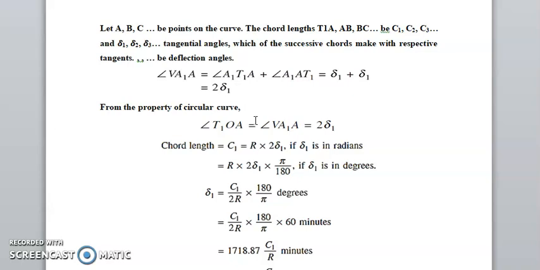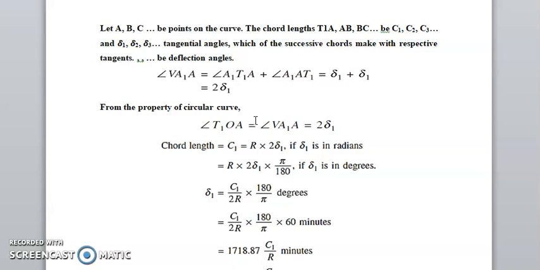Angle VT1A equals delta 1. Angle AT1B equals delta 2, from the property of the circular curve.